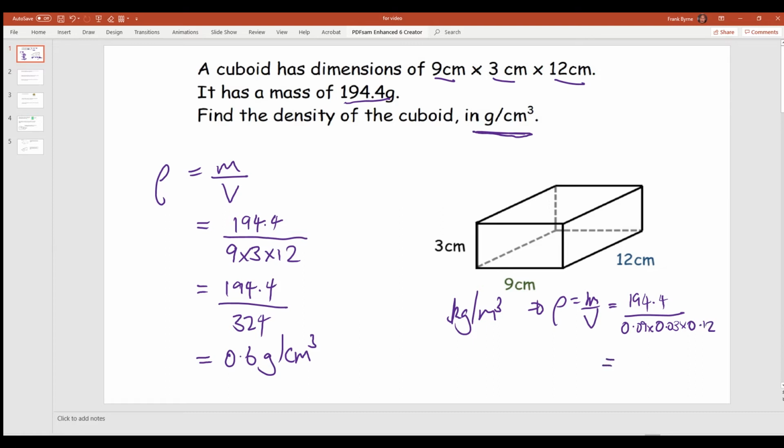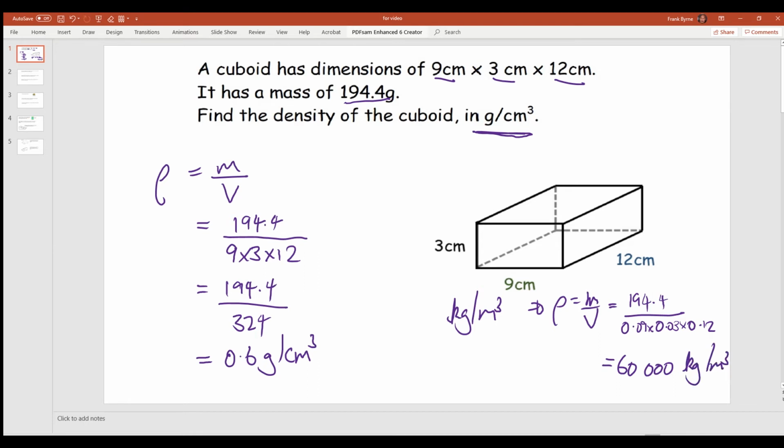And for some of you it might seem strange because we're going to end up with a value of 600,000 kilograms per meter cubed.